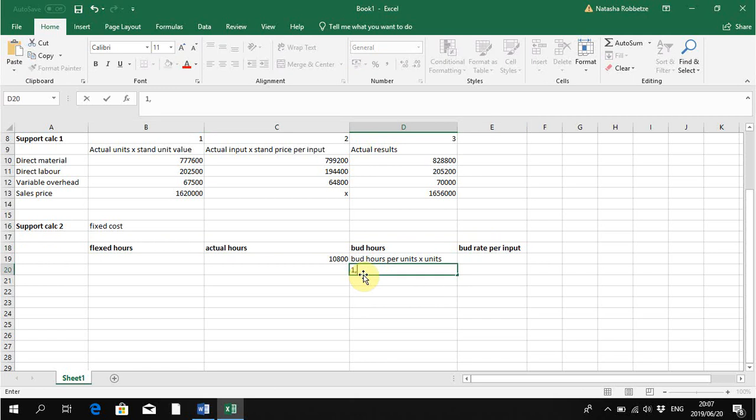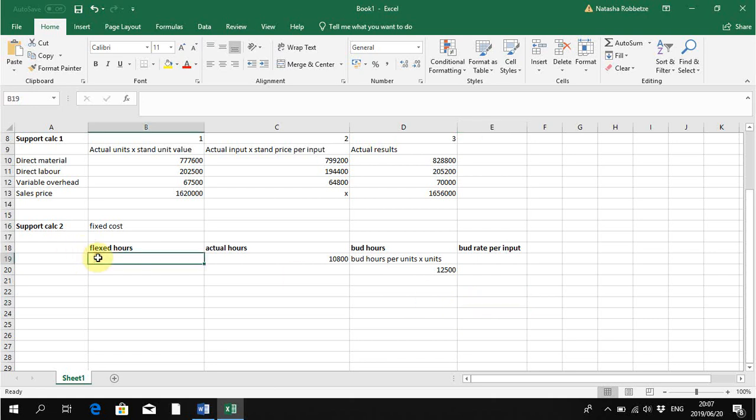It was 1.25. And therefore, I need to times that by the units, and the budgeted units were 10,000. That gives me 12,500 budgeted hours.